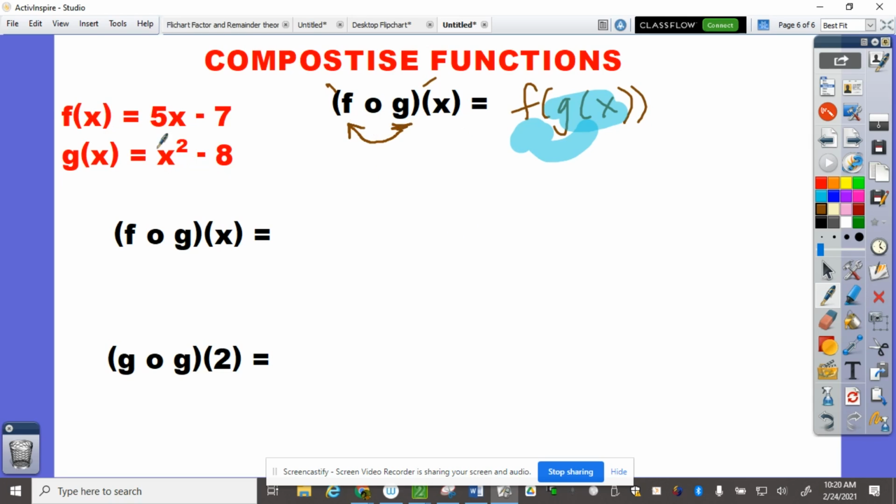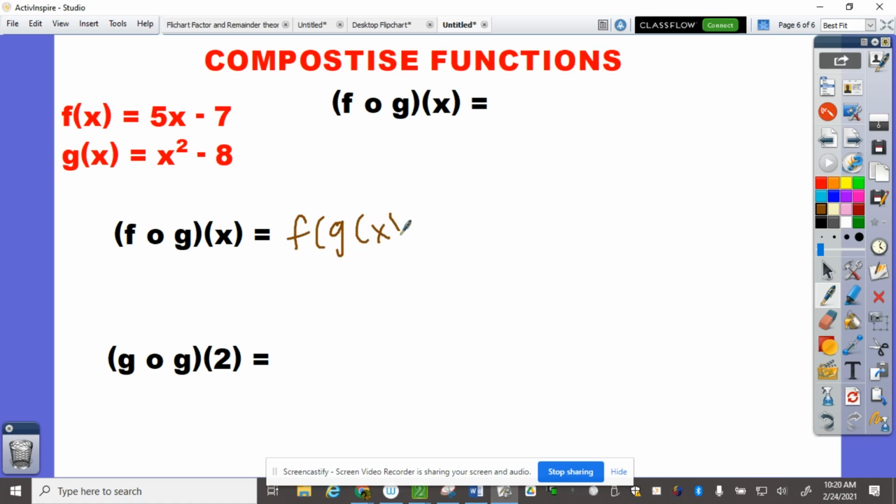Here we have given f of x equal to 5x minus 7, g of x equals x squared minus 8. Find fug, or f of g of x. This is really the small circle, like a smaller degree symbol.